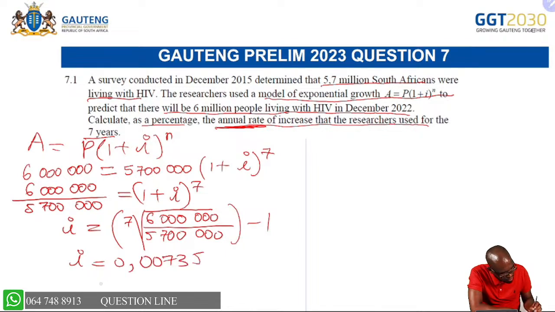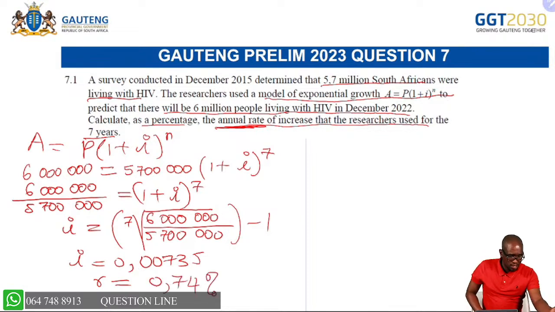0.00735, which means that r, remember r would be this value multiplied by 100. So you're going to get that this is 0.74%. Remember, to move from i to r, you multiply the fractional interest rate by 100 to get the actual interest rate.